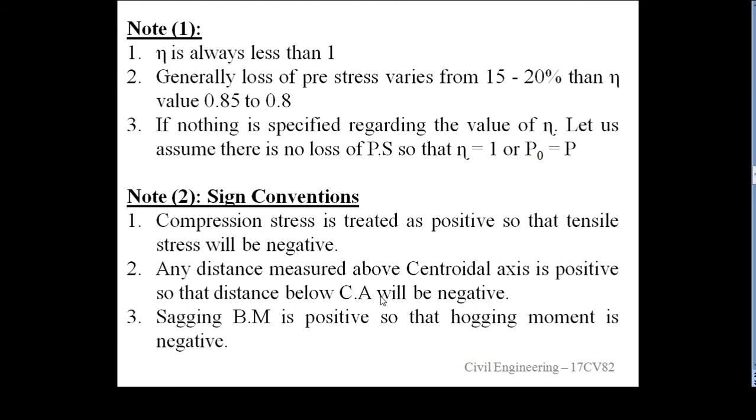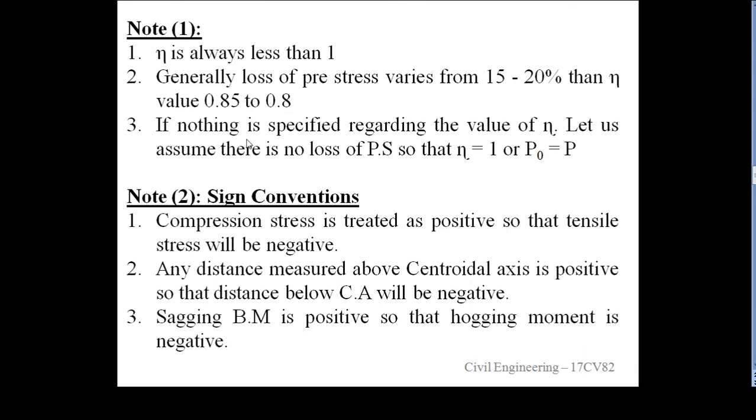Then note some useful points about nu. The first point is that nu is always lesser than 1. Why? Because it is a ratio, therefore it is always lesser than 1. Generally, loss of pre-stress varies from 15 to 20%, so the value of nu is 0.85 to 0.8. As we already told in the introduction, 15 to 20% losses take place in pre-stressing. Therefore nu is 0.85 to 0.8.